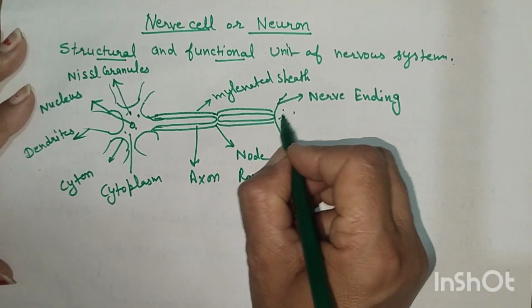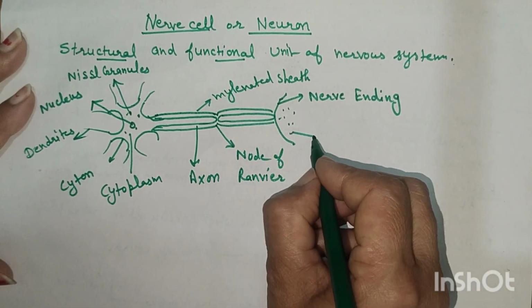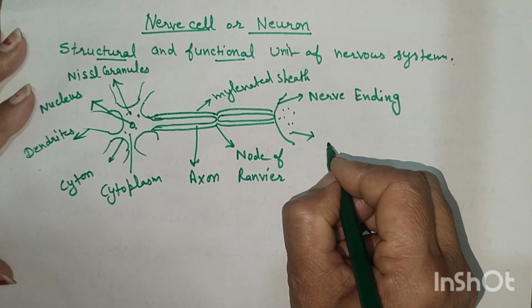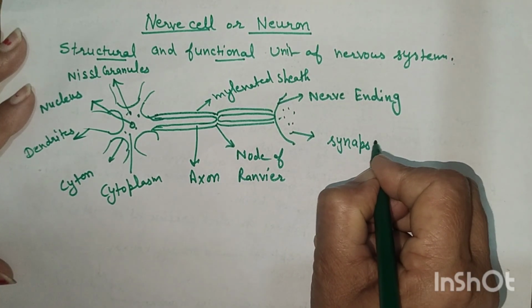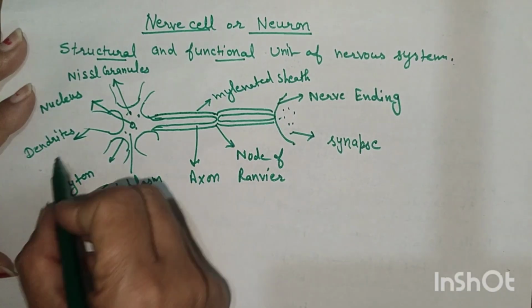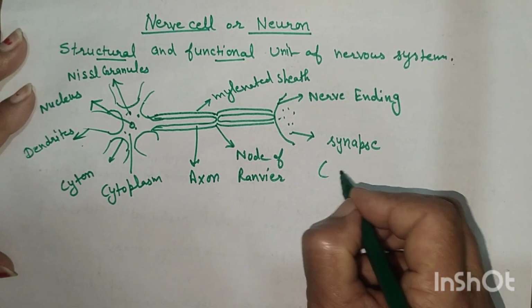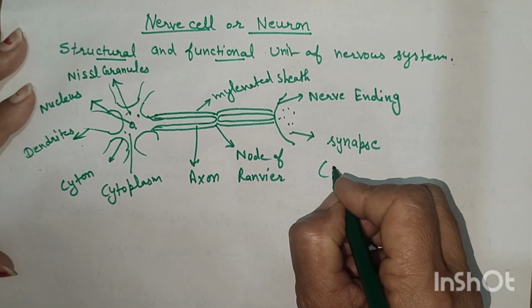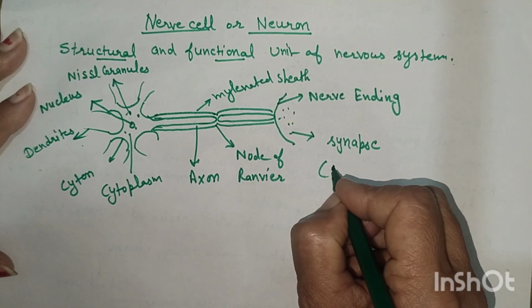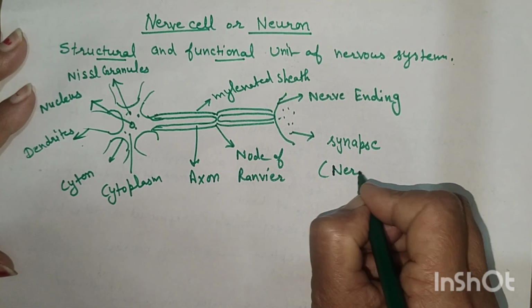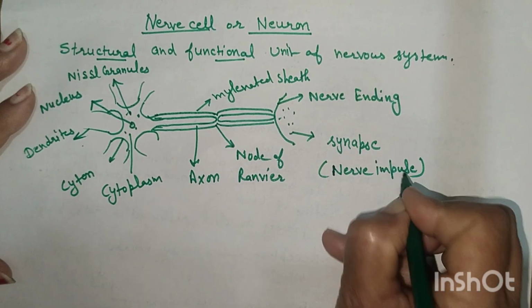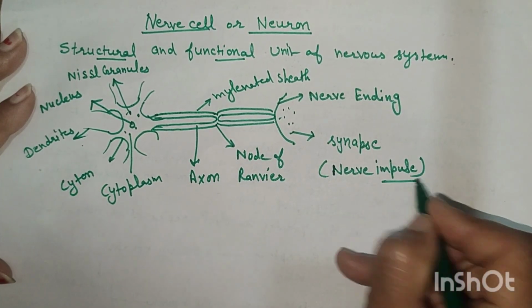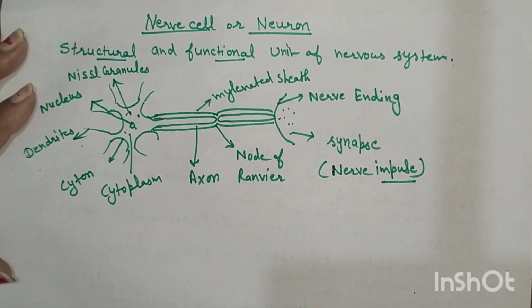Here, the impulse is carried to the next neuron and the process of synapse takes place. Here, the information is in the form of nerve impulse.